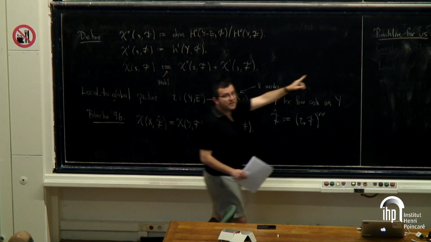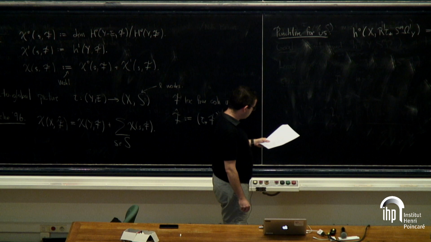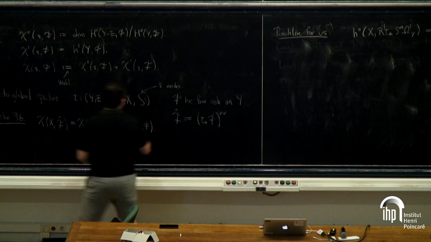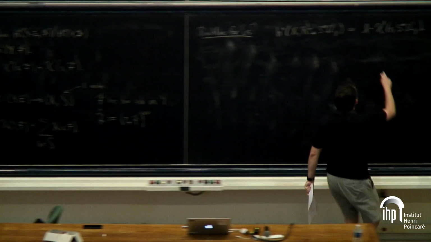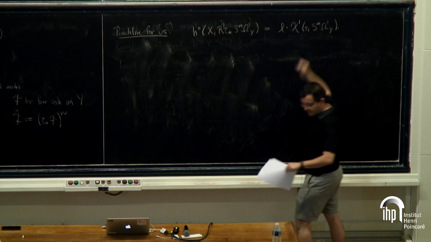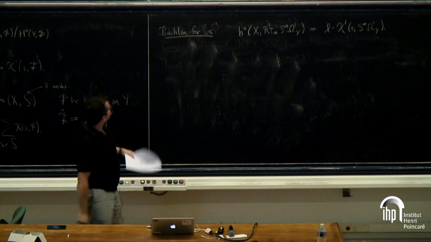So I really do mean just the part, the chi1 there. So okay, this is how it's going to help us in the global picture. So now what we want to do is understand how to calculate something like this in the local picture.